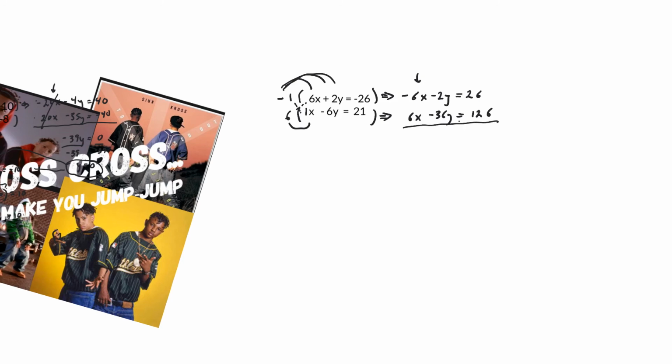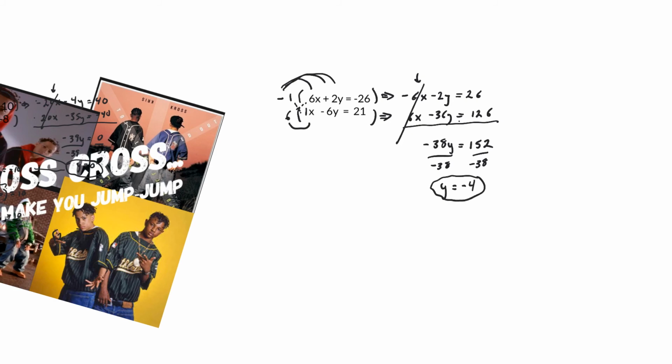Draw a line. X's drop out. I got negative 38y equals hopefully 152. Divide by negative 38. Get my calculator out. Do my thing. And I got negative 4. Hopefully you got that too. So y equals negative 4.